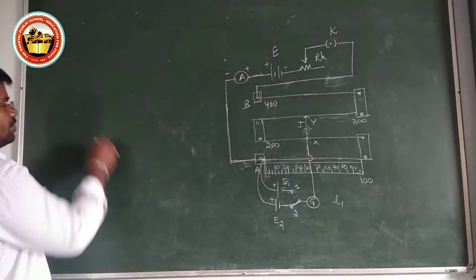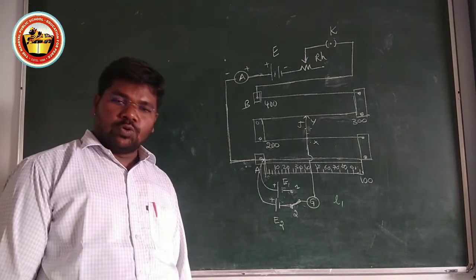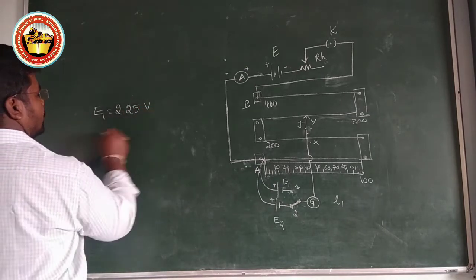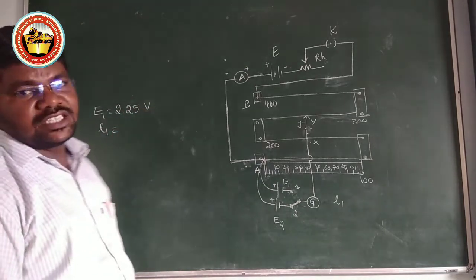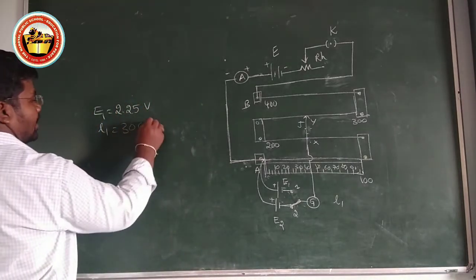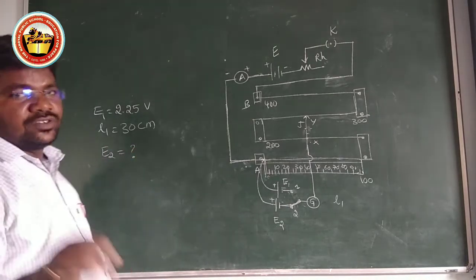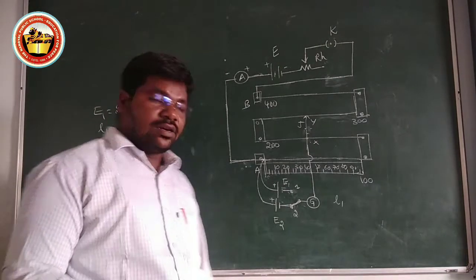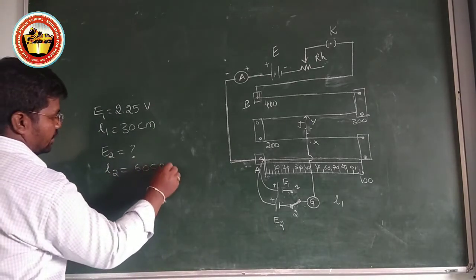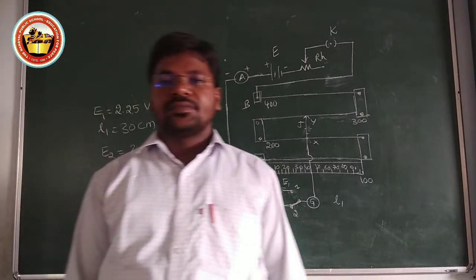According to the given data, E1 is equal to 2.25 volts, L1 is equal to 30 centimeters, we have to find E2 in this case, and L2 is equal to 60 centimeters. So how can we find E2?